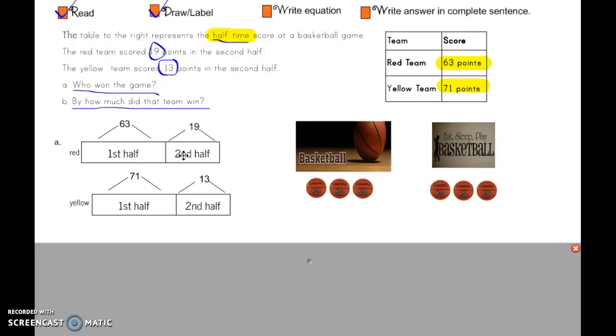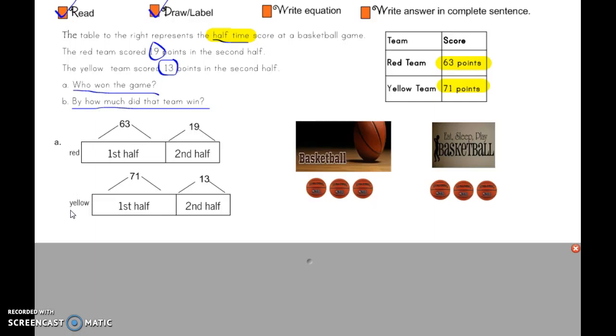Then what I don't know is what the red team scored in total. Then I know that in the second half they scored 19 more points. So my tape diagram shows me the two parts. It doesn't give me the whole amount. So I'm thinking I'm going to have to add 63 and 19 together to find the sum.